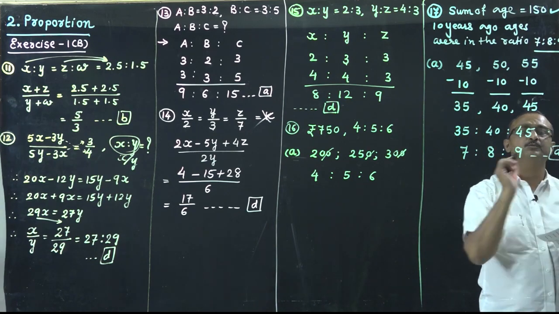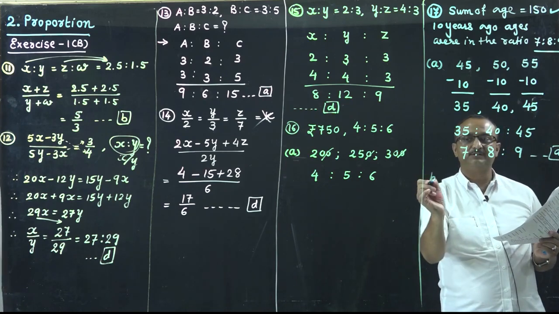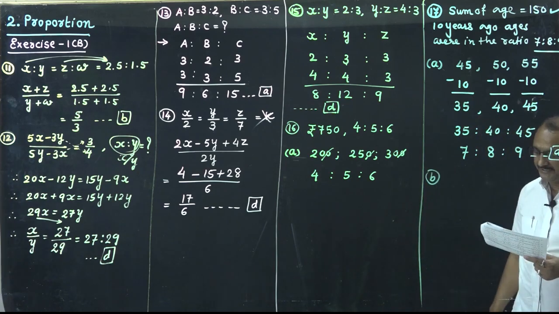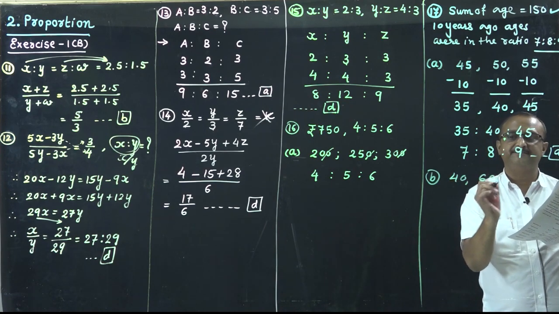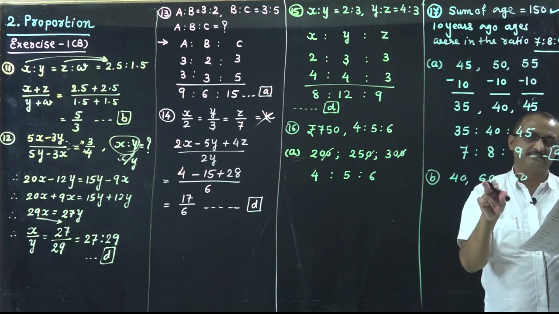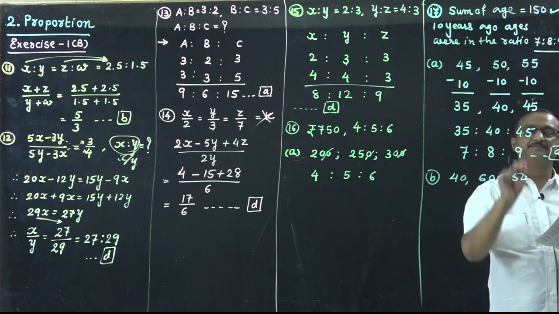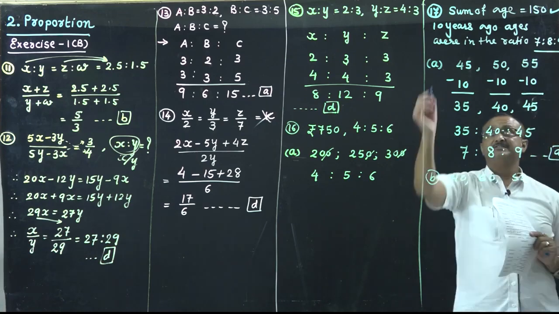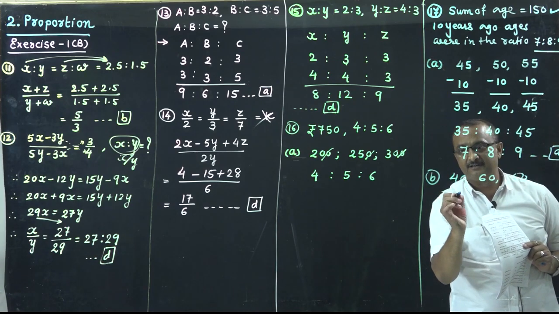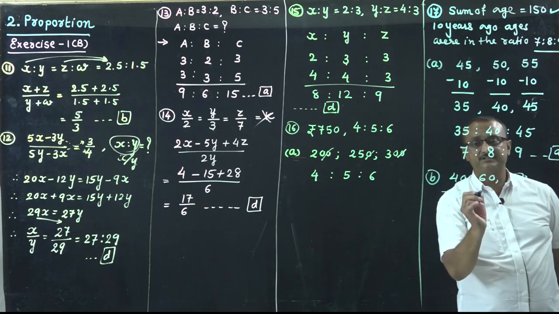સમજાણું કઈ રીતે આવ્યું? એક તમને ખોટી કેલ્ક્યુલેશન કરીને દેખાડું. ચાલો ઓપ્શન બી. તો 40, 60 and 50. 40 plus 60, 100. Plus 50, it is equal to 150. So first condition satisfied here. Now second condition is 10 years ago.